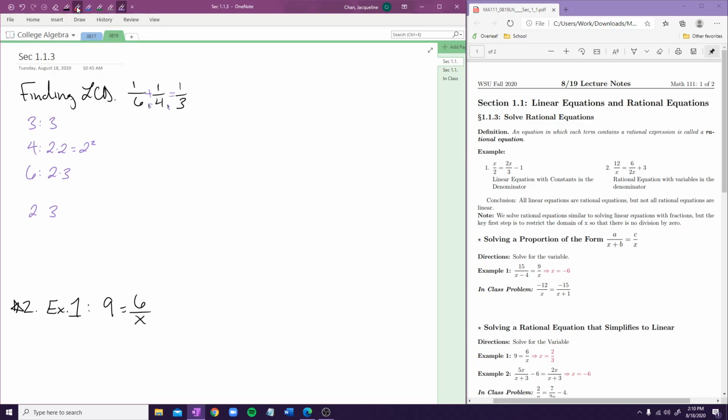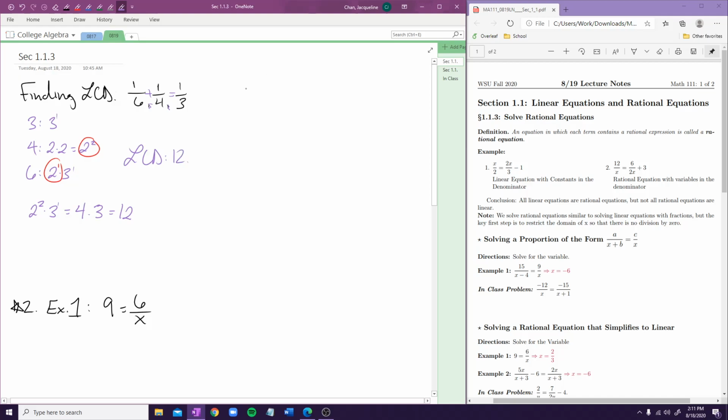For the 2, I have 2 to the first and I have 2 squared. 2 is greater than 1, so this becomes 2 squared. And for 3, they're both 3 to the first, so this is just 3 to the first. Therefore 2 squared is 4, 3 to the first is 3, and 4 times 3 is 12.